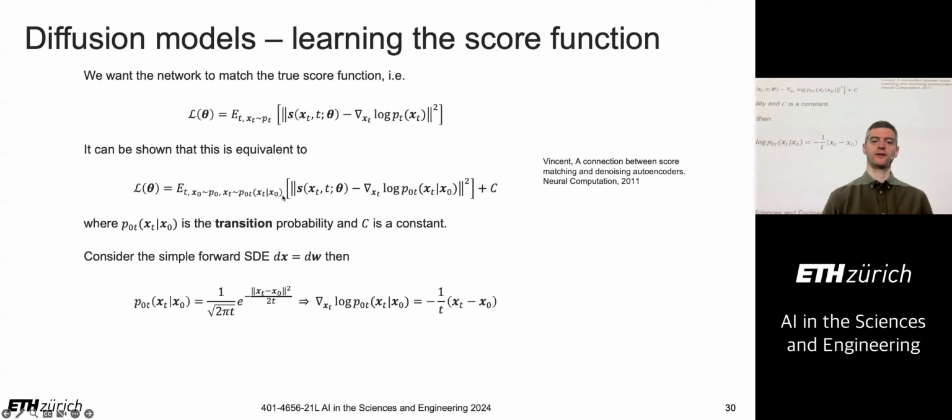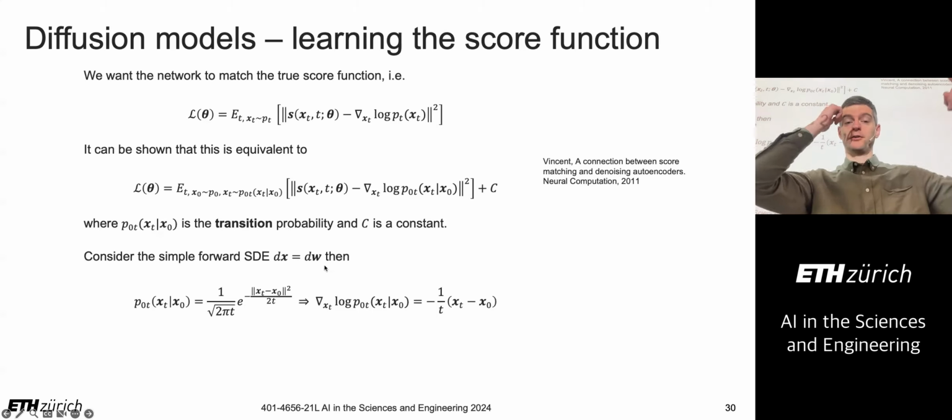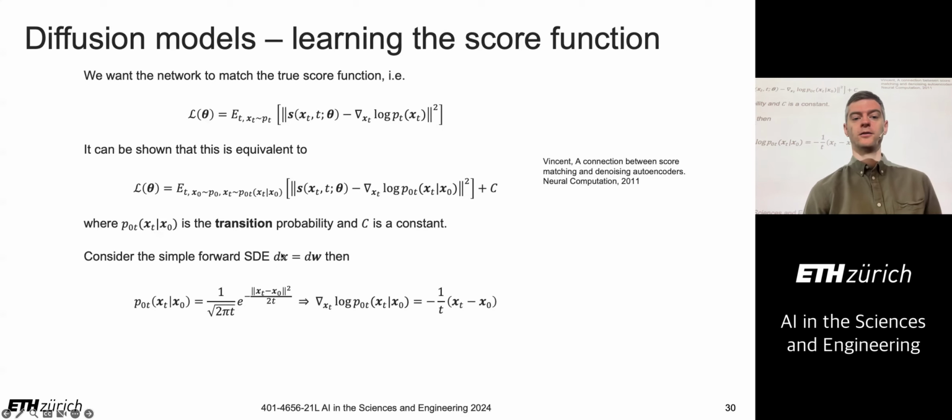Okay, so let's just think of a really simple SDE. Let's forget about the drift terms and the diffusion function and just say that the diffusion of x is exactly a Wiener process. I told you before, you can think of a Wiener process as adding Gaussian noise at each time step, but it's a continuous version of that. And the Wiener process actually tells us analytically what this transition probability is.